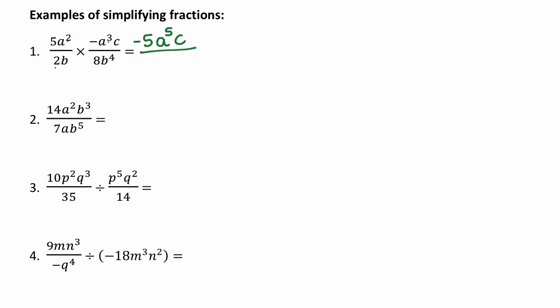In the denominator, 2 times 8 gives me 16, and b to the power of 1 times b to the power of 4 is b to the power of 5. Can you see here, both in the numerator and in the denominator, I used the first law of exponents, where I multiplied values with the same base and I added their exponents.